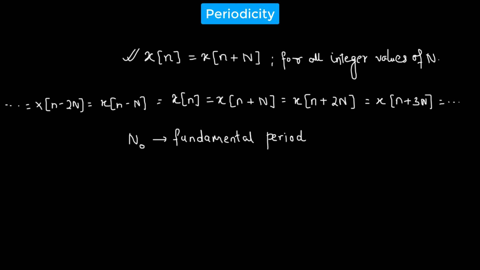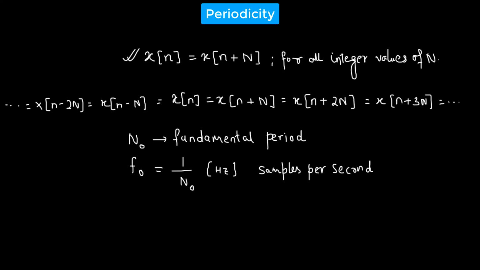So once we know the fundamental period, we can also define the fundamental frequency, which will be the reciprocal of the fundamental period N naught, and it will be measured in hertz or samples per second.